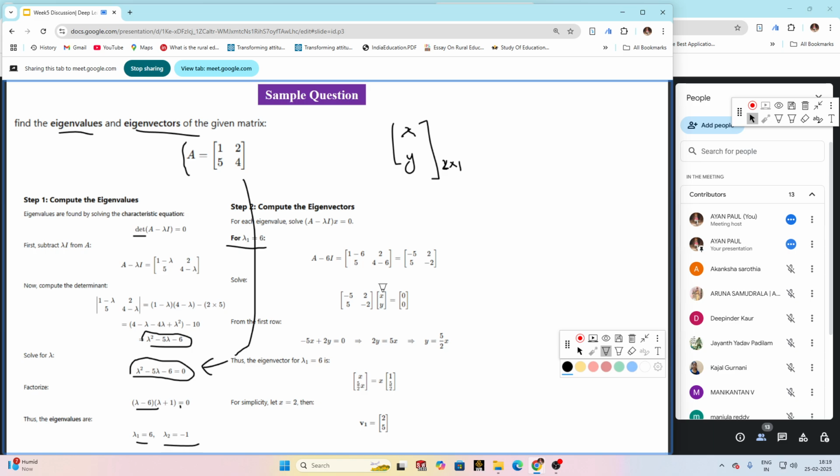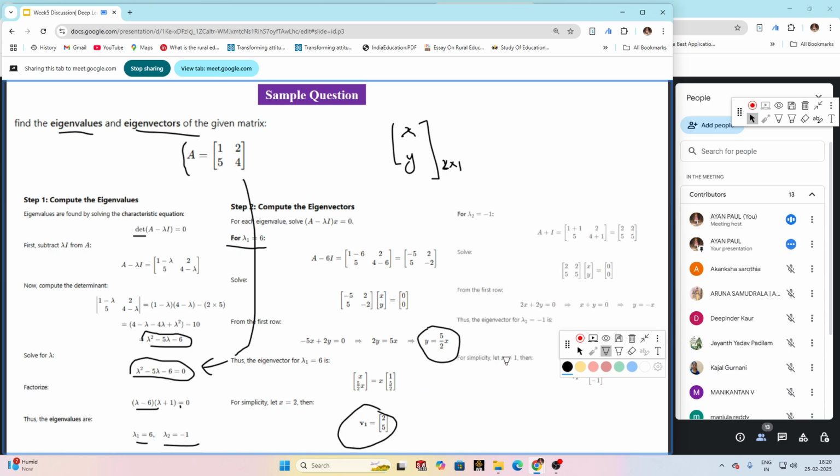One is minus 5x plus 2y equals 0, and the second is 5x minus 2y equals 0. That is the same thing. If you take x equals 2, then y equals 5. So this will be your first eigenvector.